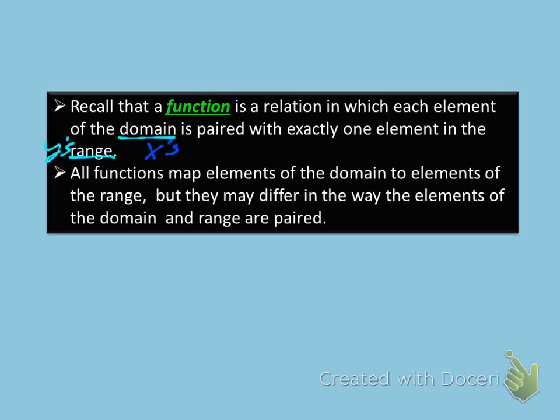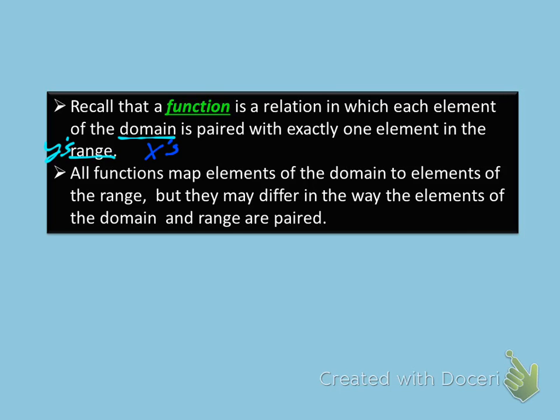X's to y's. Alright, now, what you've done in the past is basic stuff with these. Okay, real basic. Alright, today we're going to go into some details about those relationships. Alright, and that's where the bottom paragraph comes in. You don't have to write that. You can just summarize it if you'd like. You don't even really need to write that because we're going to go more in detail in a little bit. All functions map.